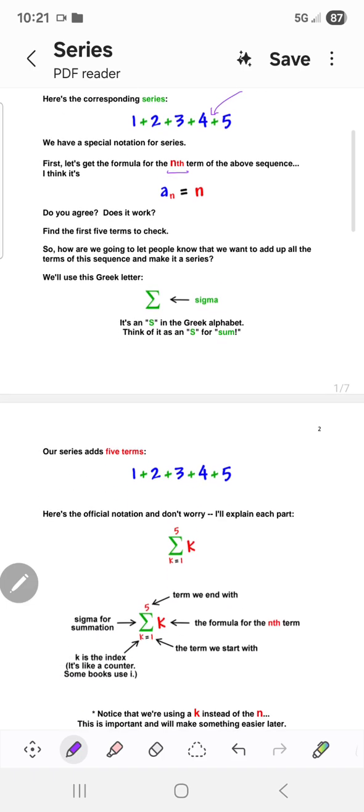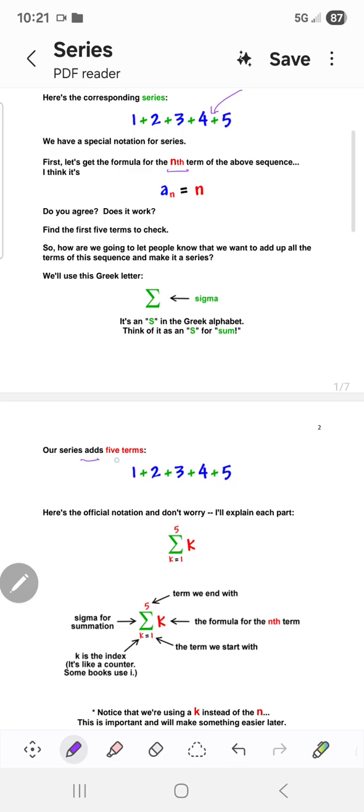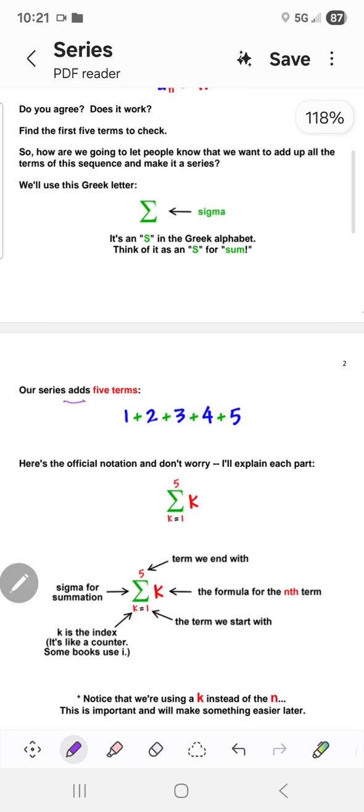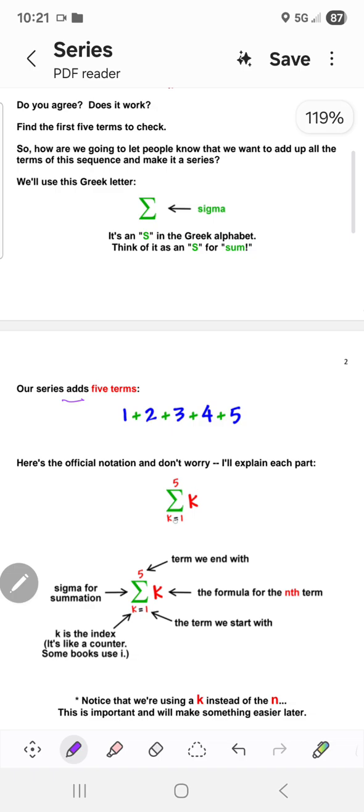So if we want to add the first 5 terms, 1, 2, 3, 4, 5, what we have to do is this. I'm going to start with 1, and I'm going to go to 5. That's location: term 1, term 2, term 3, term 4, term 5. And I want to start there.